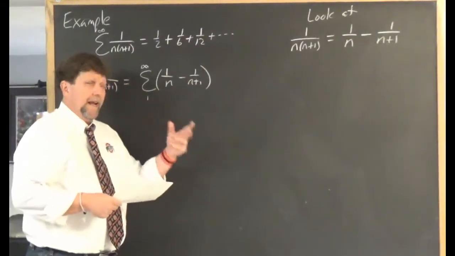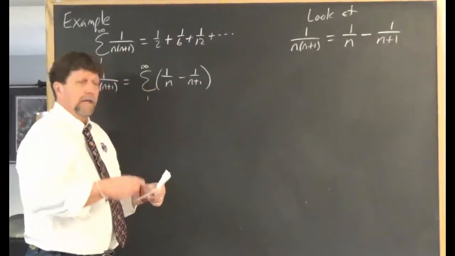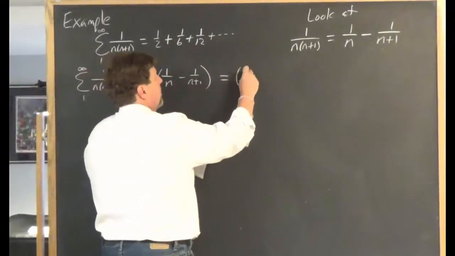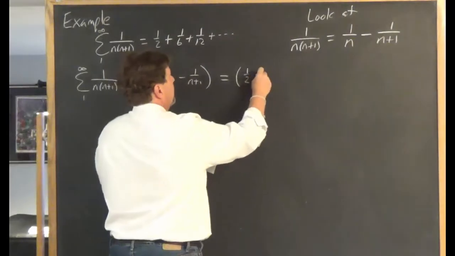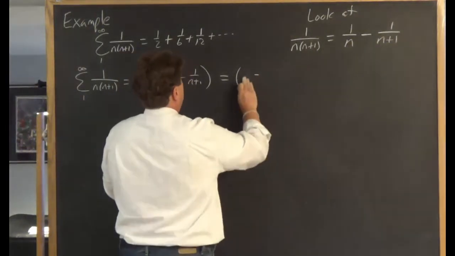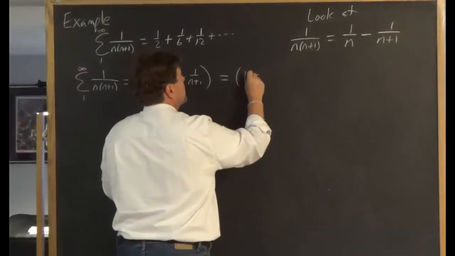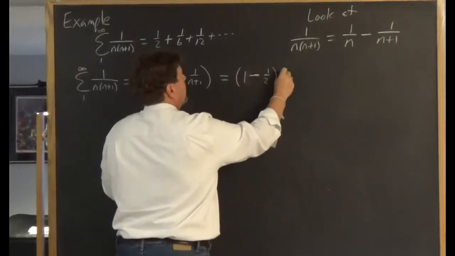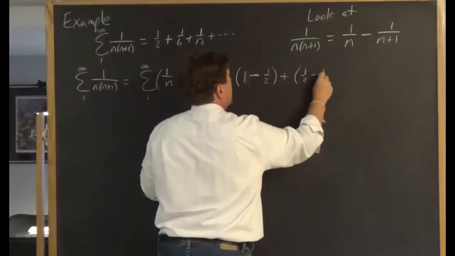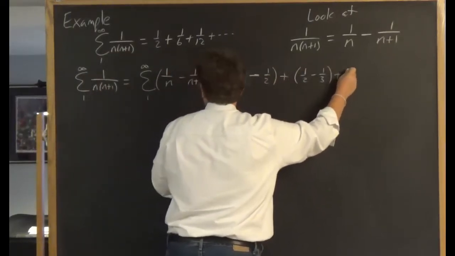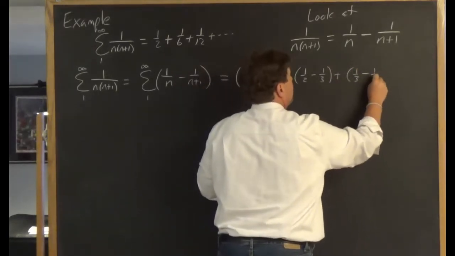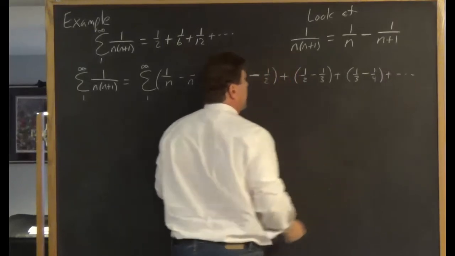And I could start to write down terms for this. If n is 1, we would have a 1 minus 1/2. If n is 2, we would have a 1/2 minus 1/3. If n is 3, a 1/3 minus 1/4, yada, yada, yada.